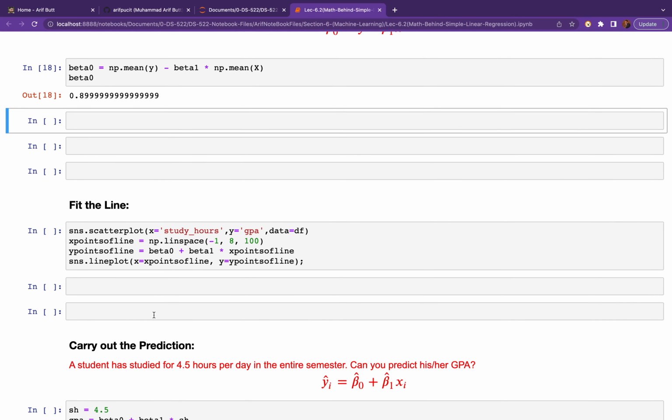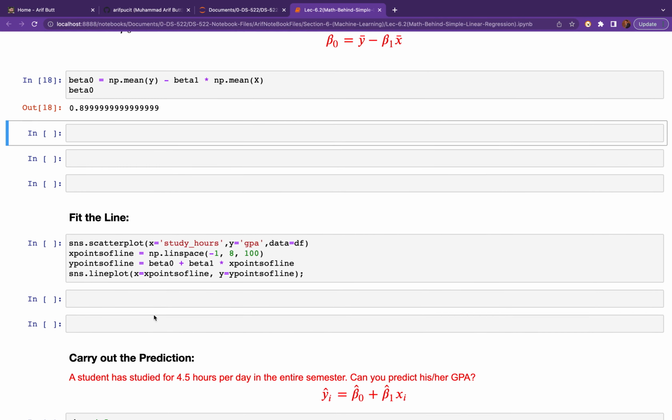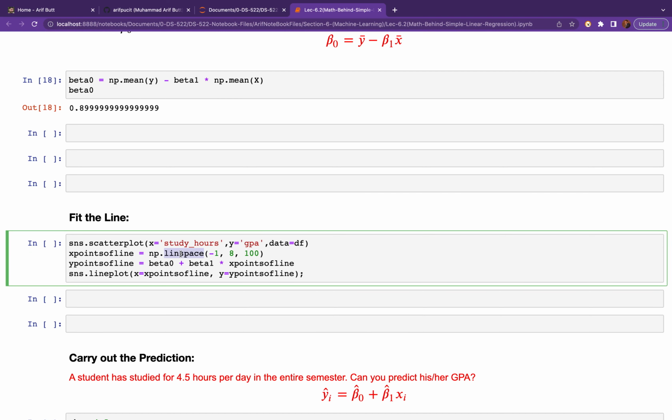Great. Let's fit the line now. Before I use the line plot method of Seaborn to draw the line, I need to have the x, y points. So I have used NumPy's linspace method to create 100 evenly spaced numbers between 0 and 8.